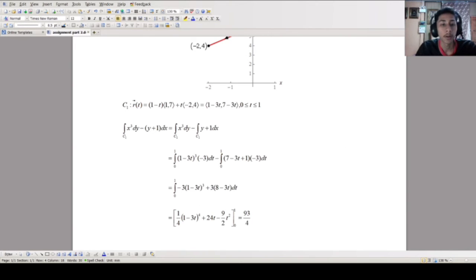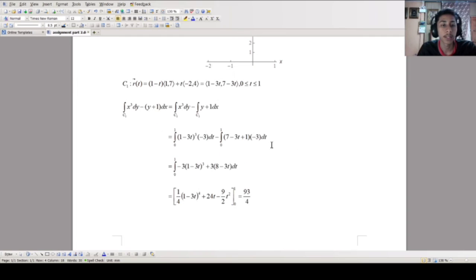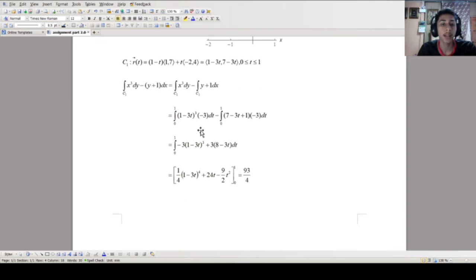Alright, for the next step, we will use integration based on the function given. Here we separate the integration into two: x squared dy and (y plus 1) dx. After that, we substitute the values of x and y.